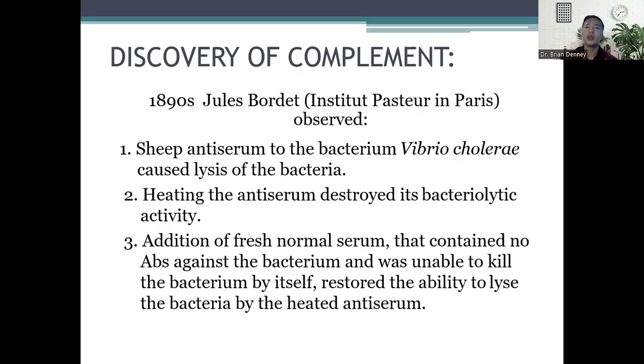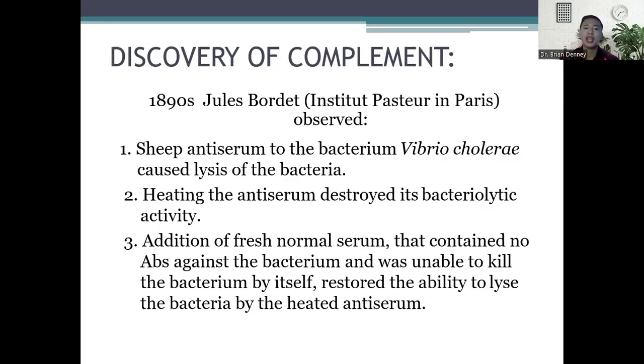Now, Jules Bordet was actually not contented with that, so he further heated the mixture. The mixture originally containing the sheep anti-serum and the Vibrio cholerae, he heated at 52 degrees centigrade. And guess what happened?